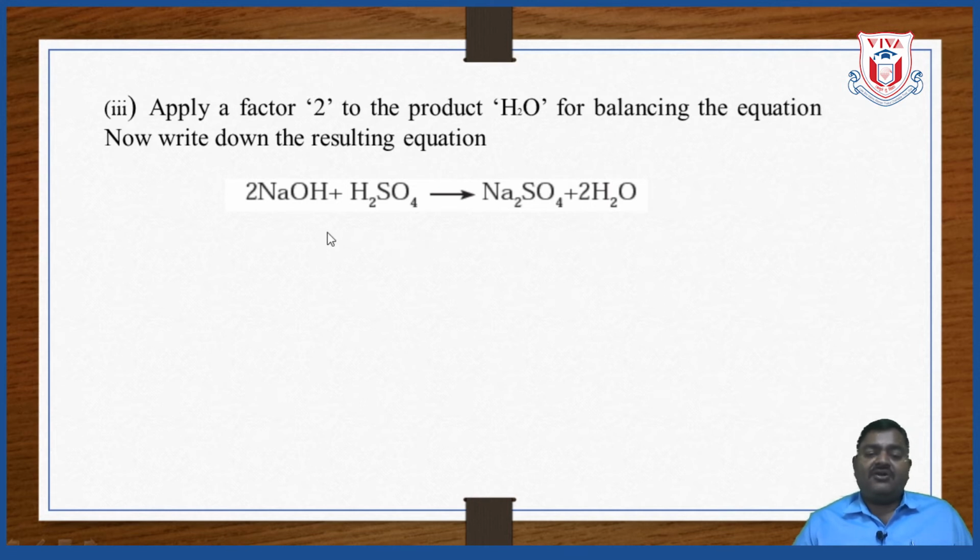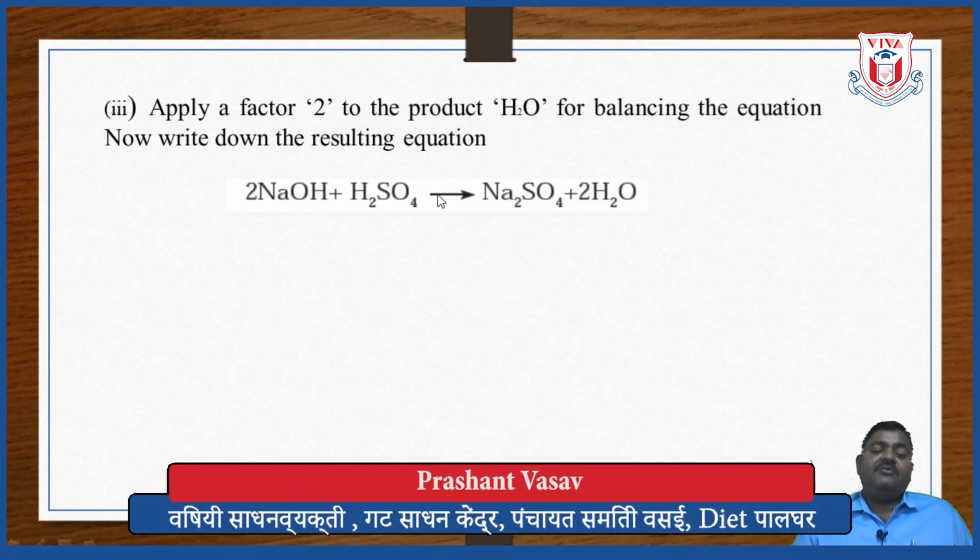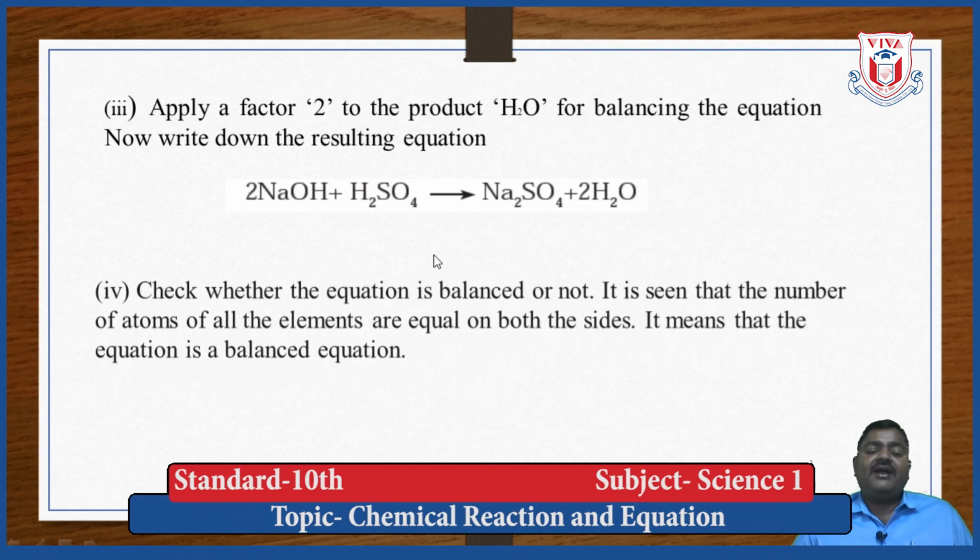Means the number of atoms of oxygen is now equal. Hydrogen, 2 hydrogen plus 2, that is 4 hydrogen, and here 2 twos are 4 hydrogen. Now the number of hydrogen atoms is also the same, and 1 sulfur, 1 sulfur, means the total number of these atoms on the reactant side and product side now become the same. So this is our balanced equation.